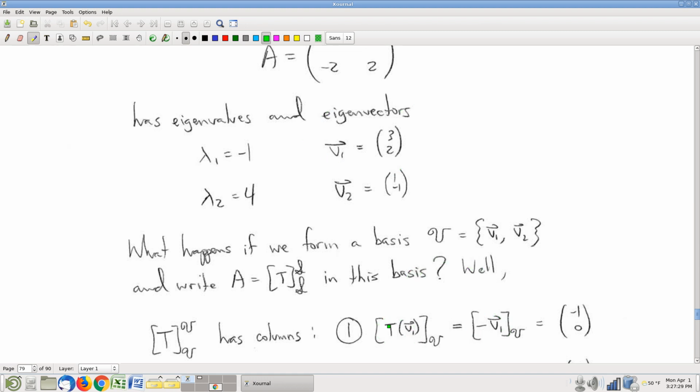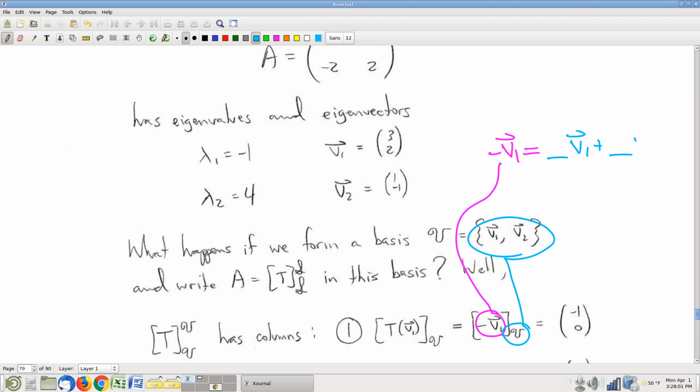Okay, next, how do I write -V1 in coordinates with respect to the script V basis? Well, here's our usual predicament. We've got to figure out how do I write this vector, -V1, as a linear combination of these basis vectors? So it's something V1 plus something V2.